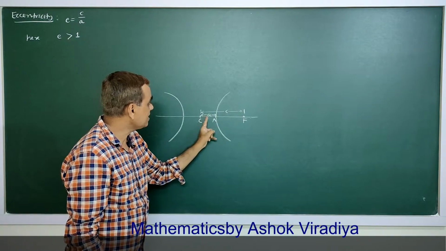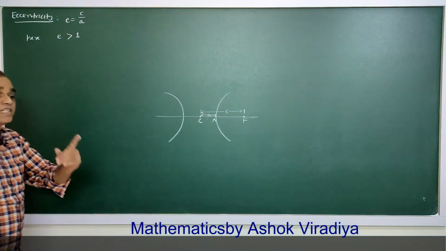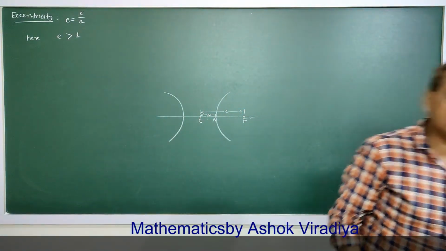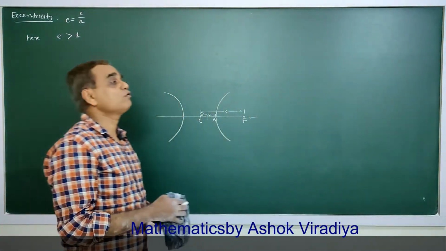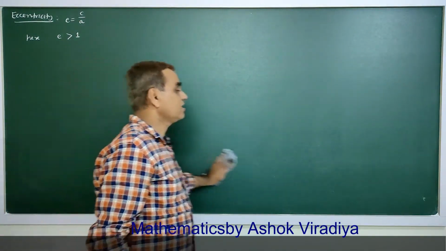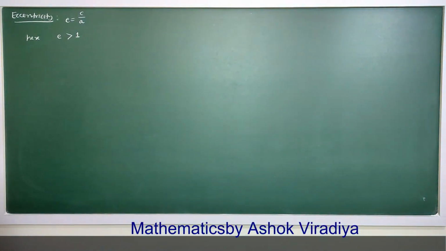C is greater, A is smaller. So C by A will always be greater than 1. In case of ellipse, eccentricity is always smaller than 1. In case of hyperbola, eccentricity is always more than 1.